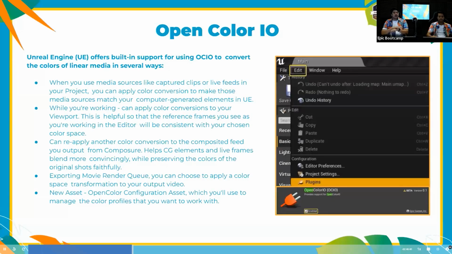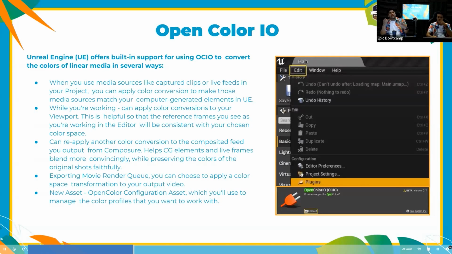OpenColorIO, to be honest, I don't have enough time to talk about this, but Unreal Engine actually offers built-in support for using OCIO to convert this color into a linear media by using many methods. And for those who are a little bit familiar with the art, you will know that linear content is fairly important for us because what we get out of the engine is a lot of information, even though it looks awful.